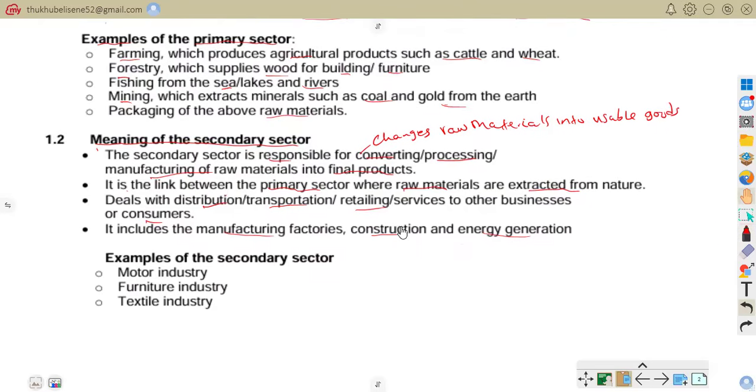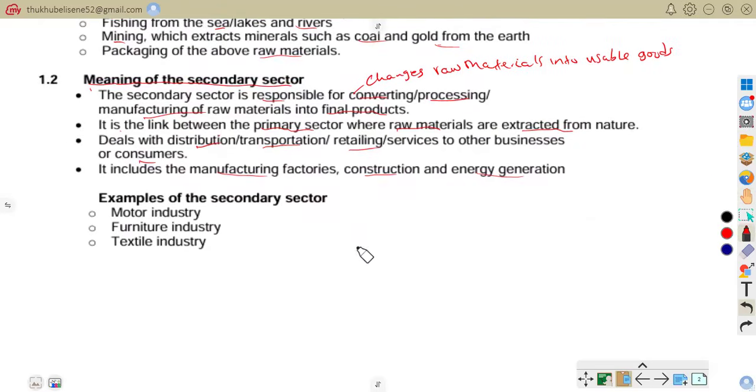And now let us move on to examples of the secondary sector. We have the motor industry, which makes cars.